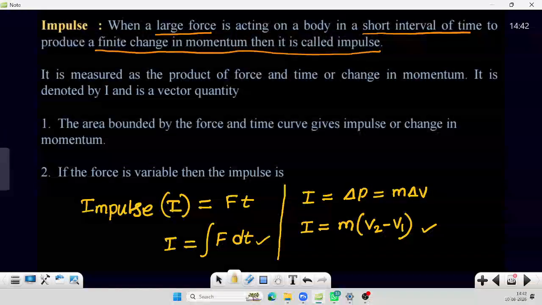In some cases they will give a force-time graph. In those cases, the area is the impulse.